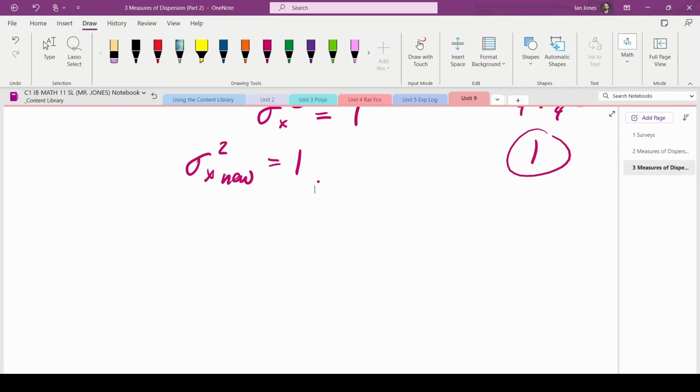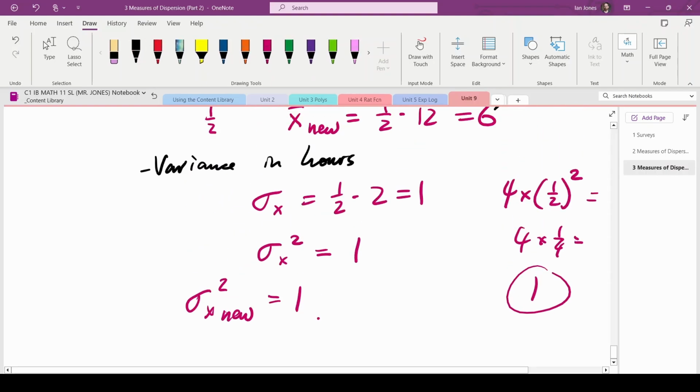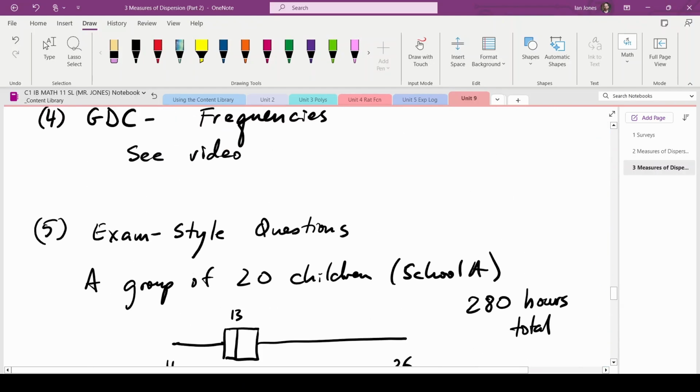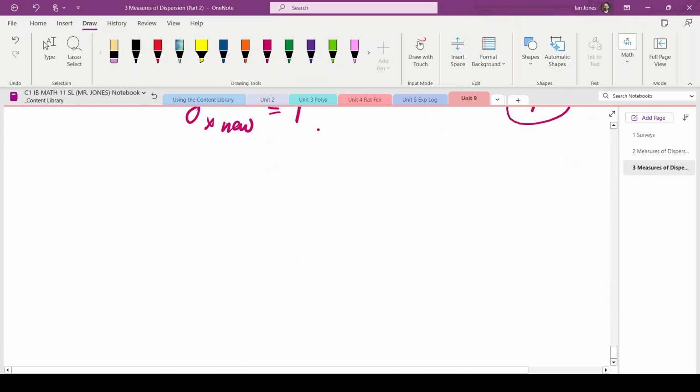Here's the second exam style question. In this one, we have, let's see here. Okay, I didn't put a number. I'll just put a number here, number 2. In this one, we have 800 students in a race. They're going to do the 100 meters.